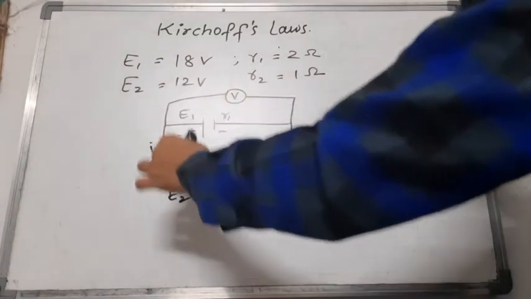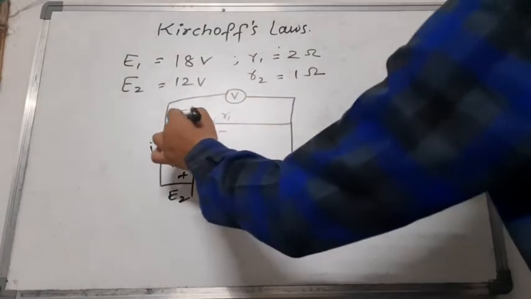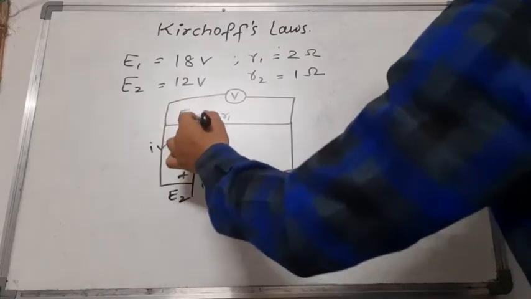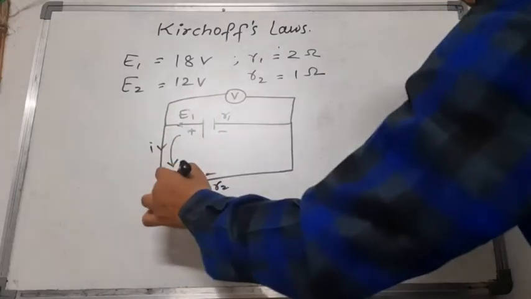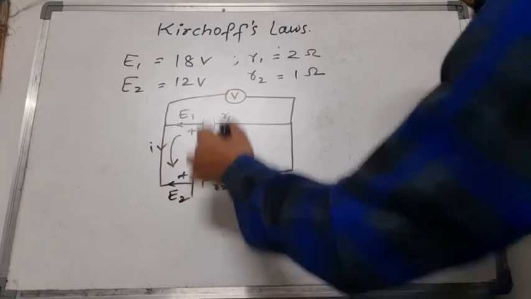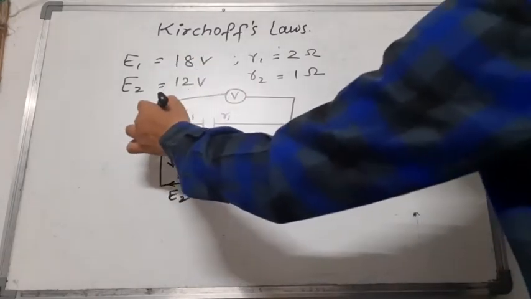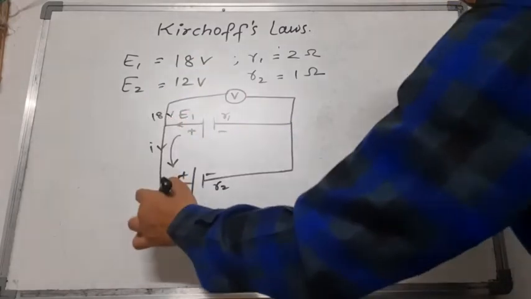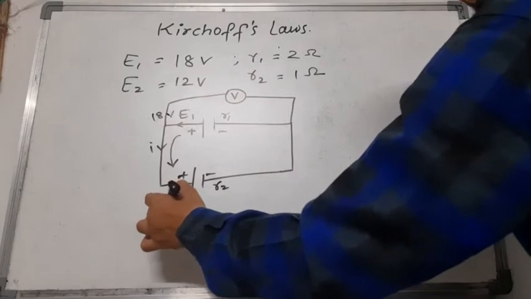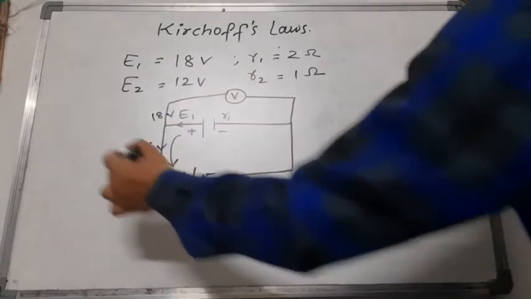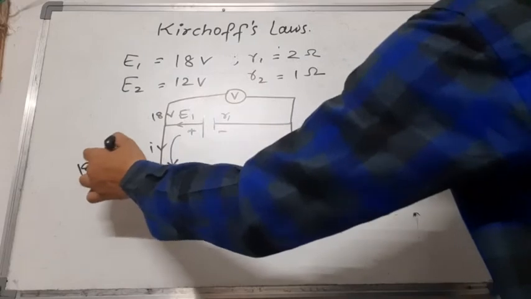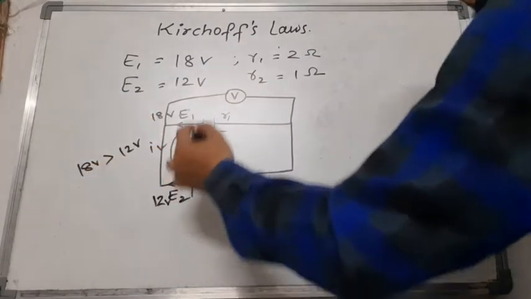So when current is flowing in this direction, what happened? Here this is positive, because the current will be in this direction, but this will be negative, because 18 volts is greater than 12 volts, so it will dominate.